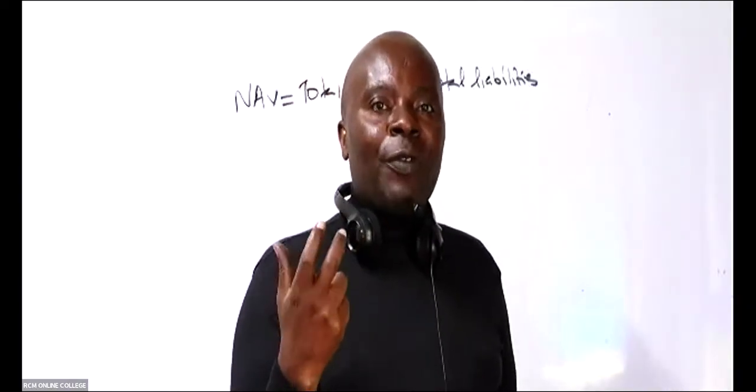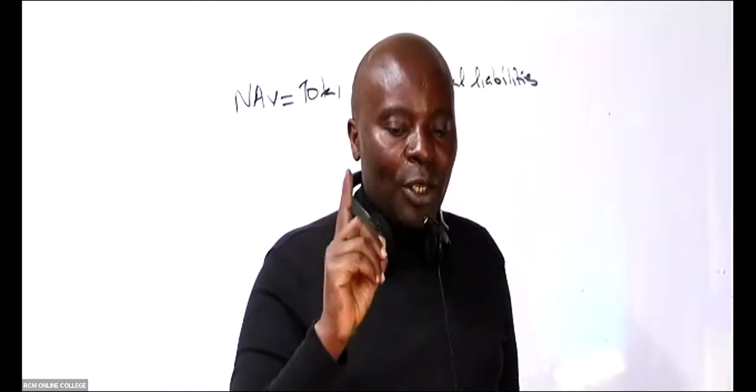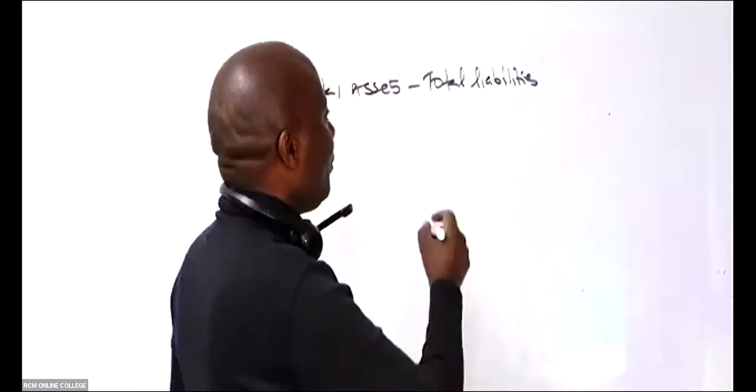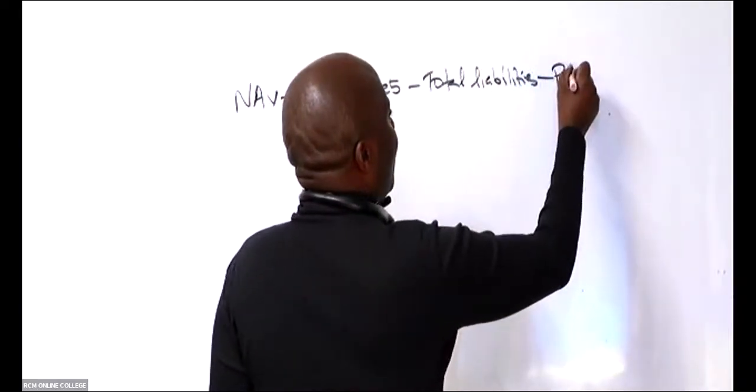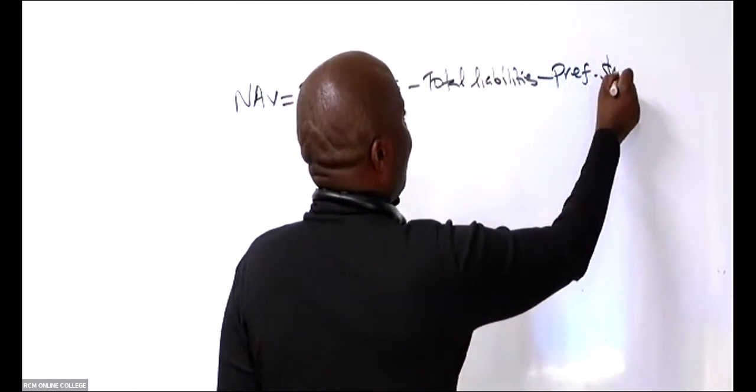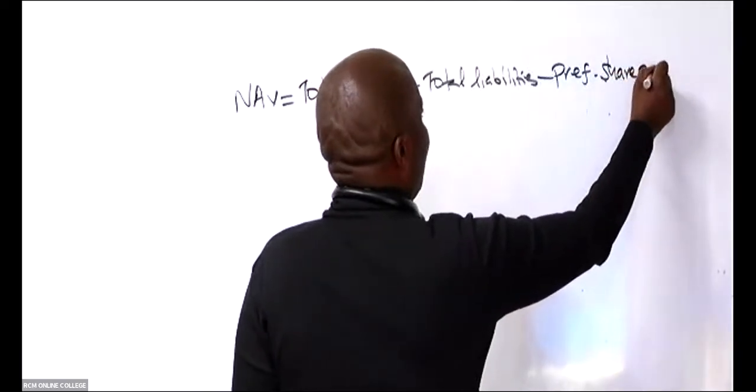What is the firm's equity? If the firm's equity investment is 10 million, then that will be the firm value. Now remember, in case there are preference shares, you shall always deduct them. Preference share capital, deduct them.